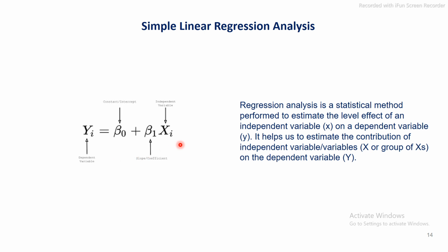Ultimately we have to develop this equation from the data set, y equals mx plus c plus some error term. This will come once you run it in Python or R. Just remember that anything multiplied by x, the independent variable, is your slope, or coefficient, and this is the constant term.